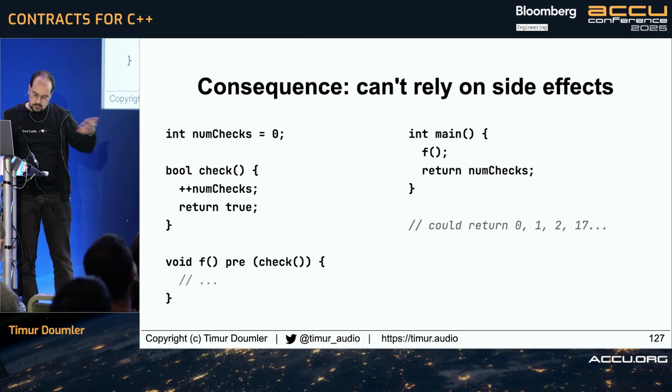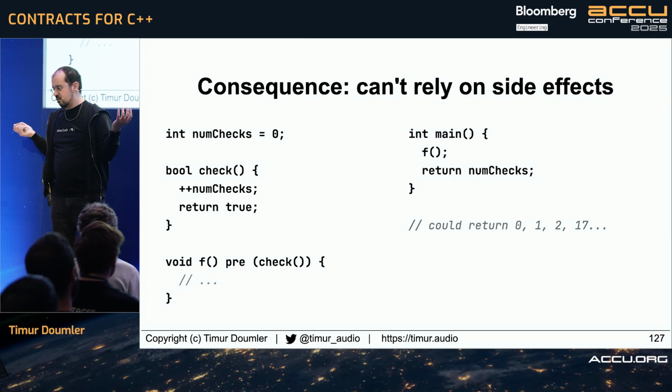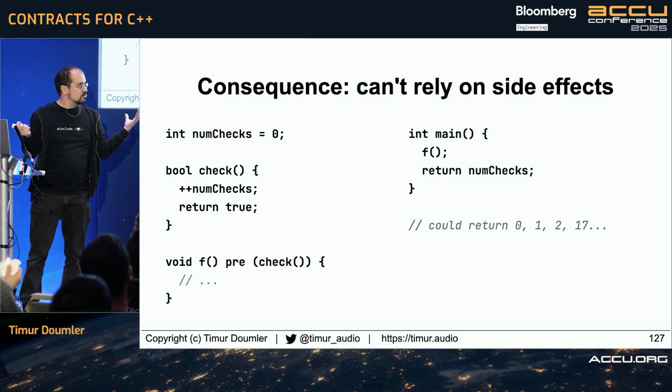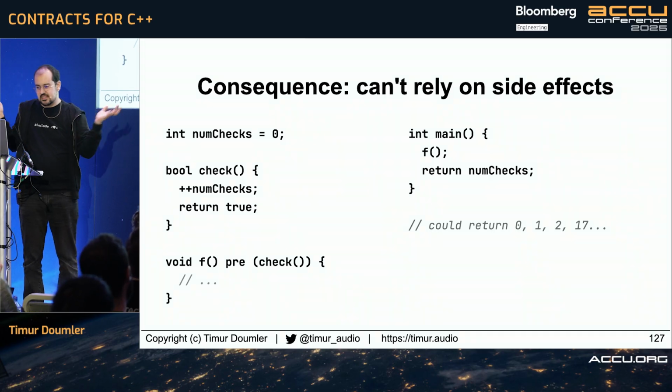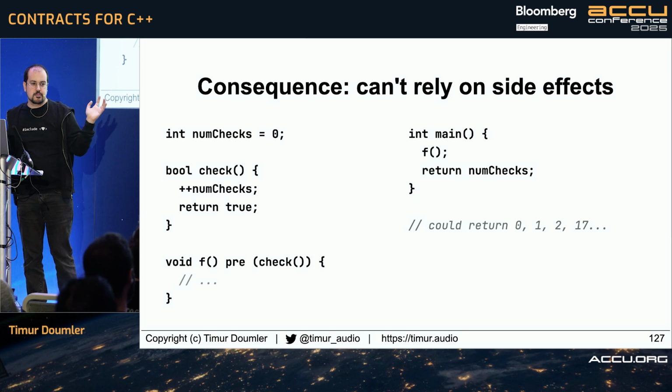Even if all assertions are enforced, this program could return 0 or 1 or 2 or 17. It's probably not going to return 17, but in the standard we just say you can't rely on those side effects happening at all or how many times they're happening.